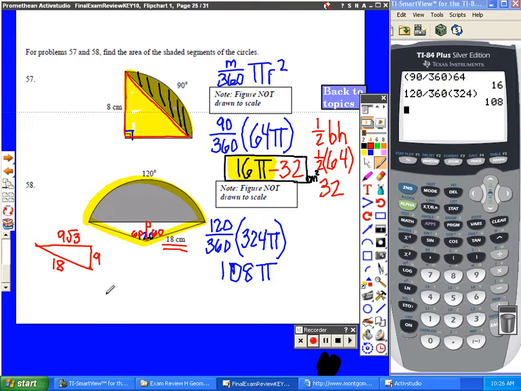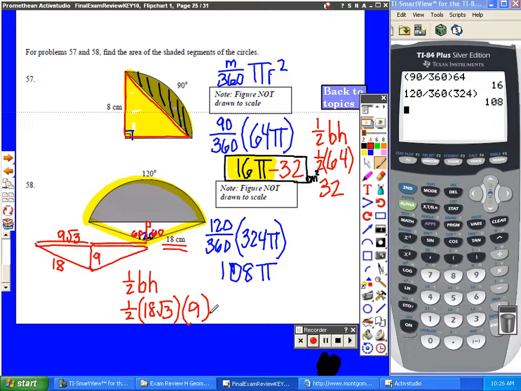So to find the area of the entire triangle, because remember I have 2, I would have to do 1/2 base times height, which is 1/2 times 18 times 9√3. And again, that's just because the height is 9√3.